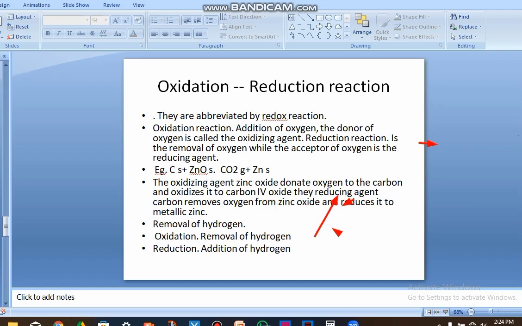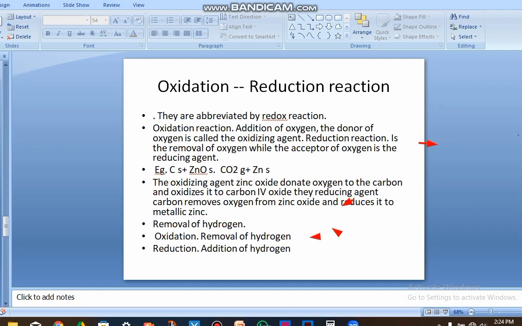The reducing agent, which is the carbon, removes oxygen from zinc oxide and reduces it to metallic zinc. So are you getting it now? This is how to identify oxidizing agents and reducing agents in a chemical reaction. So make sure you write everything down, rewatch the video. If you like sleep, na you sabi.